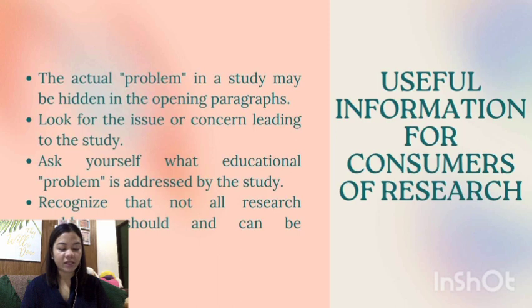The third is the criteria for deciding whether a problem can and should be researched. The fourth is the differences between quantitative and qualitative research problems. The fifth is the 5 elements of the statement of the problem, or the SOP. And the last one is the strategies useful in writing statements of the problem.